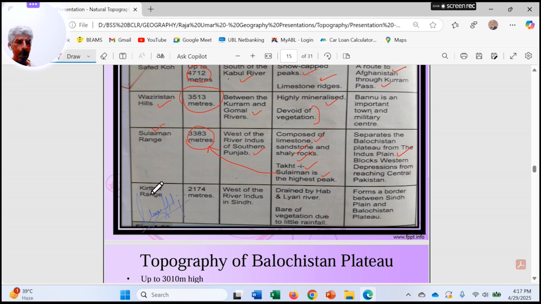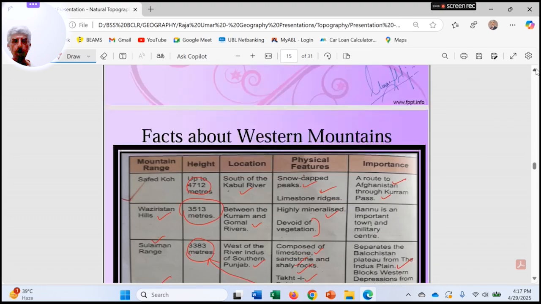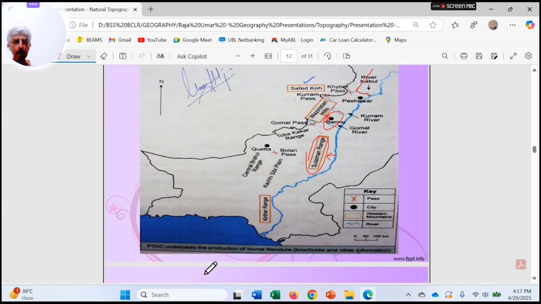And the last one, that is Kirthar Range. Maximum height is 2,174 meters from the sea level, west of the River Indus in Sindh province, down in Sindh, again going to the map. On the western side of River Indus, in Sindh province, and it is bordering between Sindh and Balochistan.